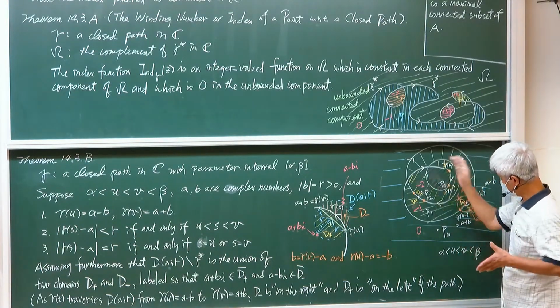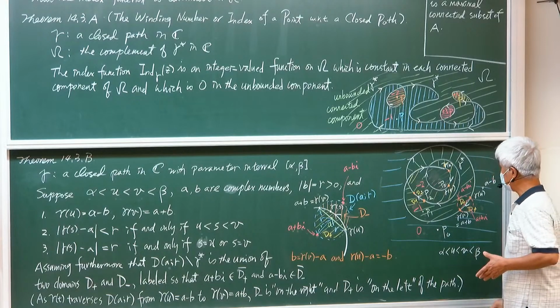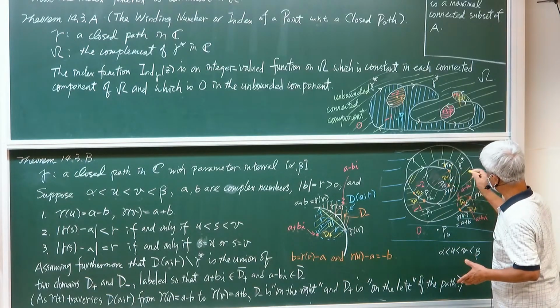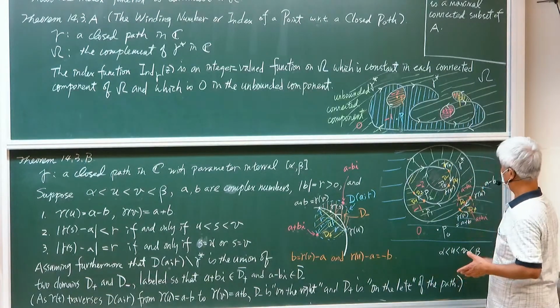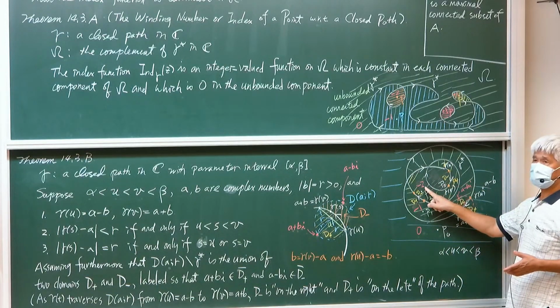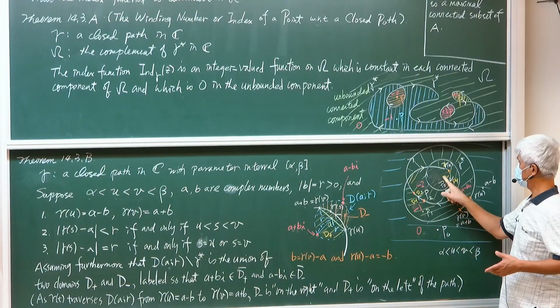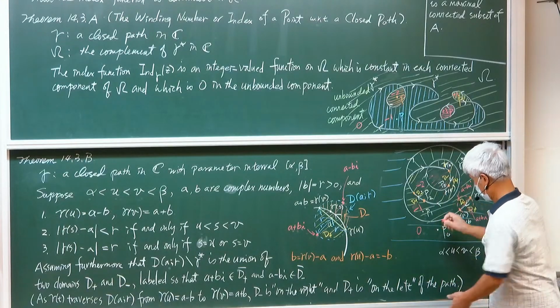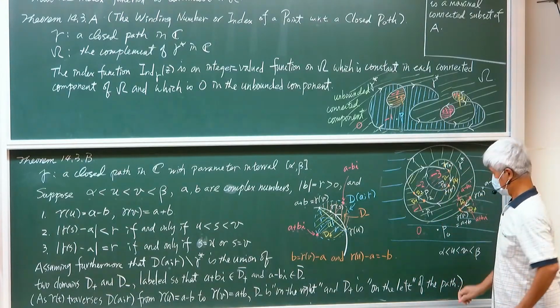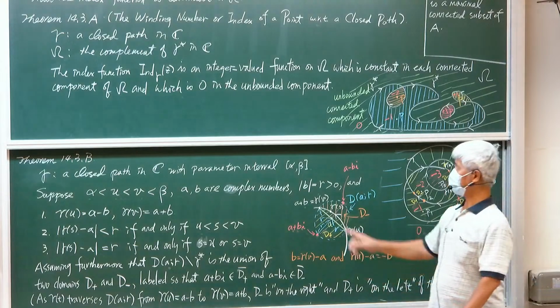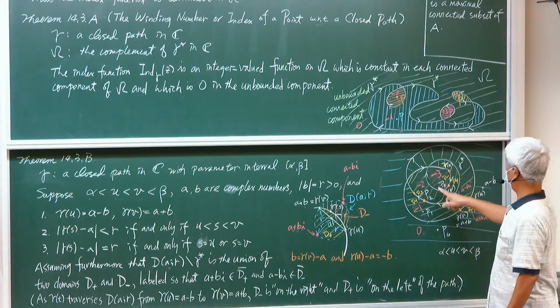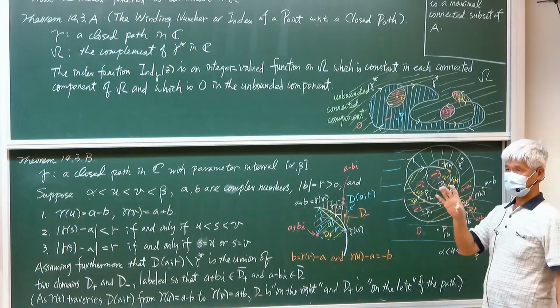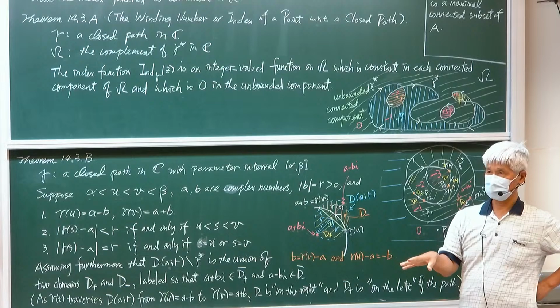So the right gives us D minus, and this is D plus. This is minus 2, so D minus is 1 less than minus 2, which must be minus 3. So by the theorem, you know the winding number in each connected component.